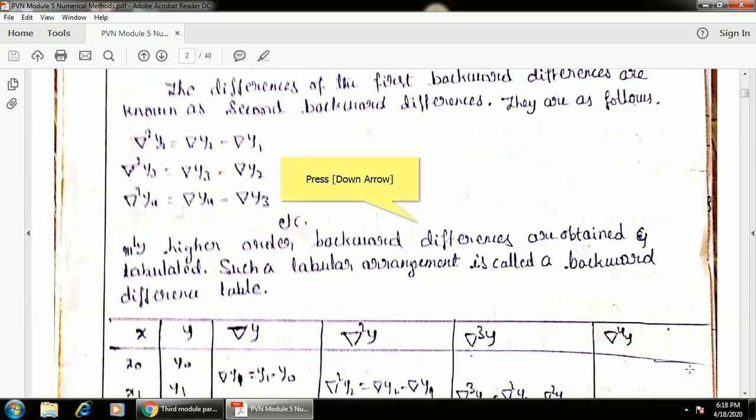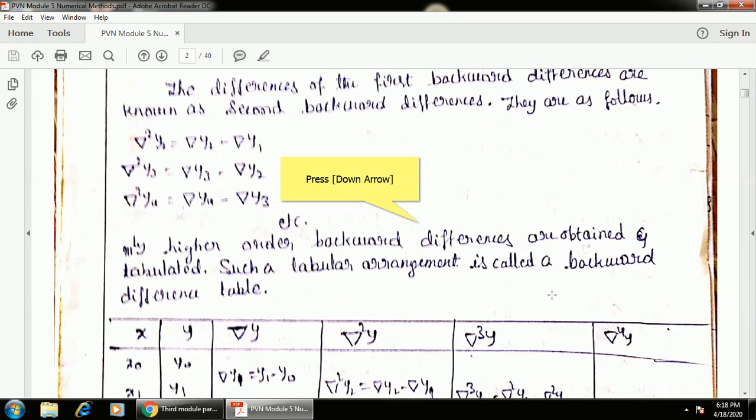And they are as follows. Second order backward difference of the function at y2 is nabla square y2, and it is defined as nabla y2 minus nabla y1. Second order backward difference of the function at y3 is nabla square y3, that is equal to nabla y3 minus nabla y2, and so on.